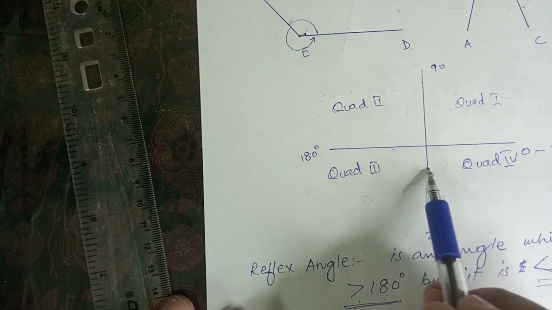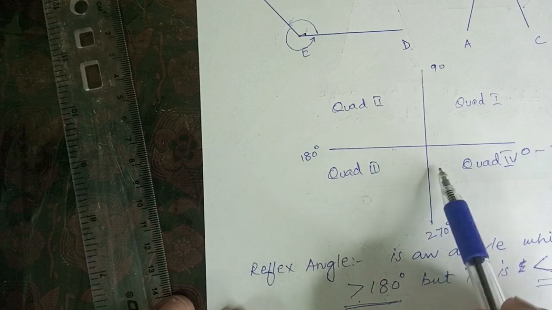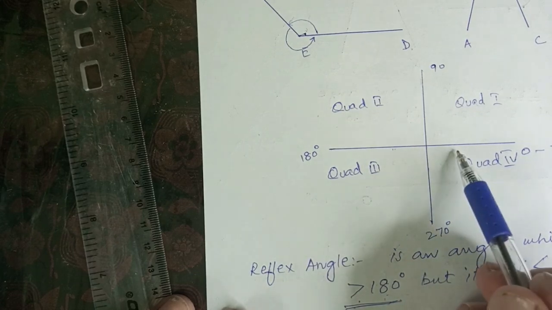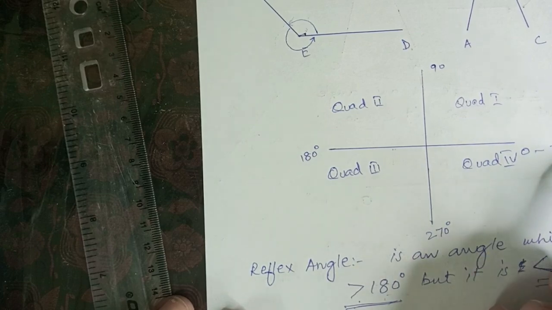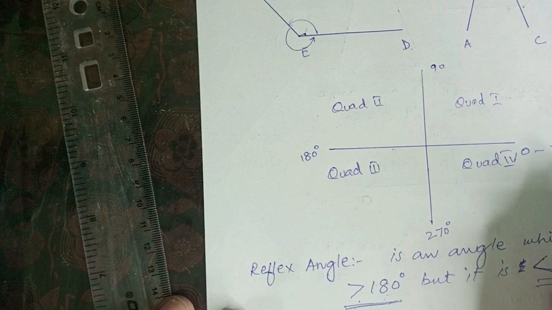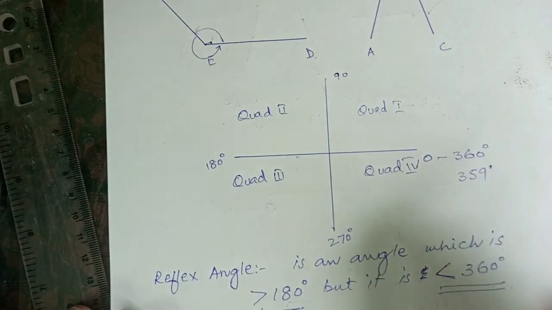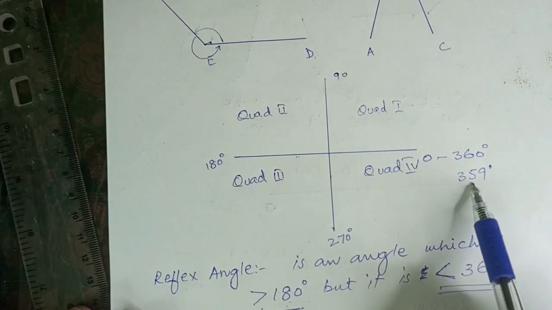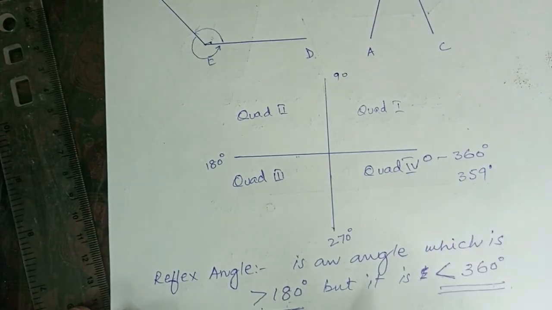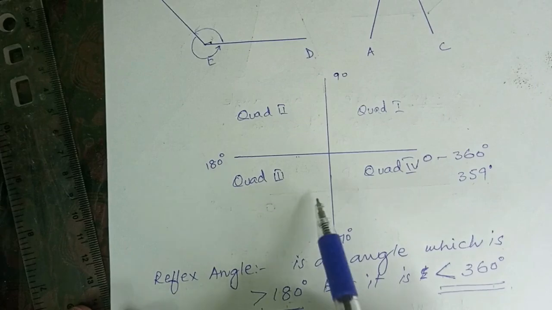It may cross the 270 degree line. It may come near to 360. Maybe it can also be 359 degrees.